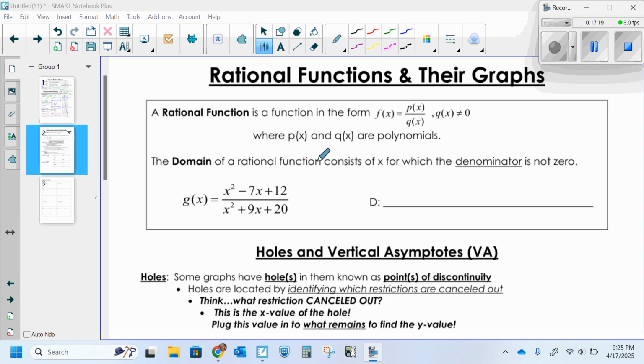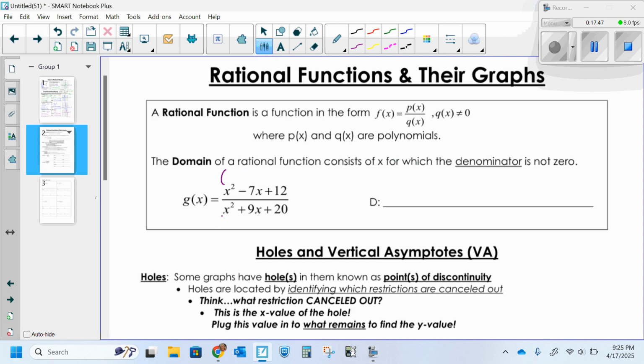So let's first start with all the x values. We'll get into some y-intercepts. We're going to be focusing on the domain and those restrictions. Okay, so again, polynomial over a polynomial. You guys are going to be doing a lot of factoring here. So the domain of a rational function consists of all the values for x for which the denominator cannot be 0.